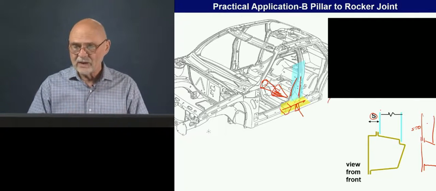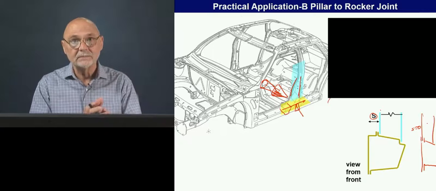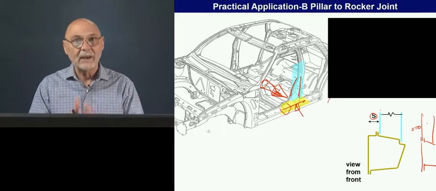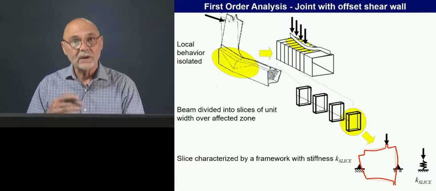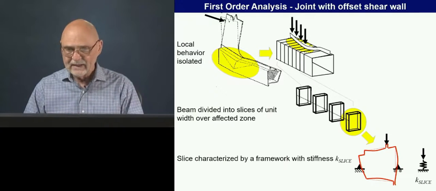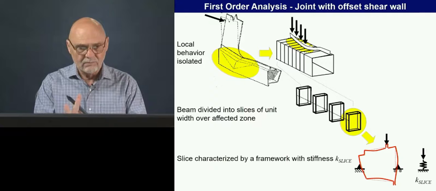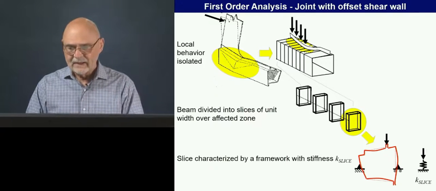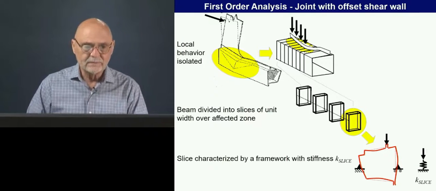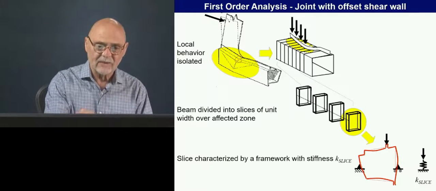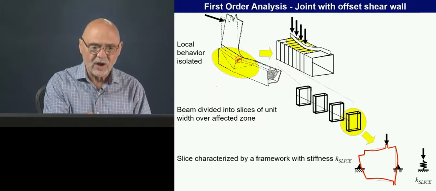But we can really ask the question, how small does S need to be for it to not matter too much? So here's a way to analyze that. This is outlined in more detail in the book, but I'll go through the general analysis here. What we're looking at is the local behavior due to this offset.